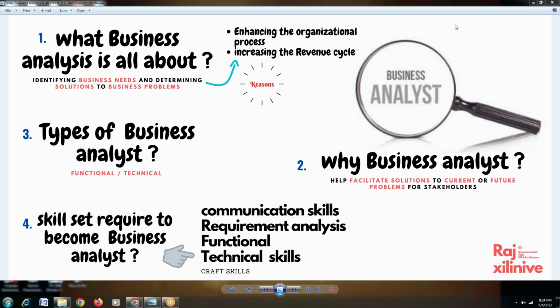So communication skills are required, understanding the requirements. This is what we call requirement analysis. Functional skills are needed, followed by the technical skills also required for you. This is the skill set which anyone who comes across being a business analyst must acquire.